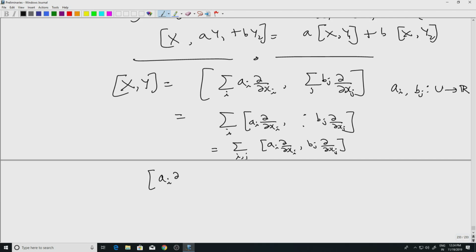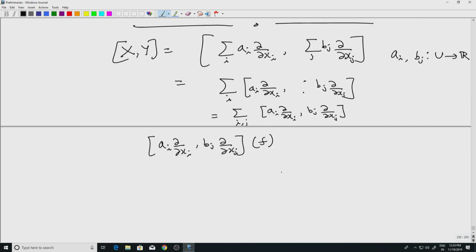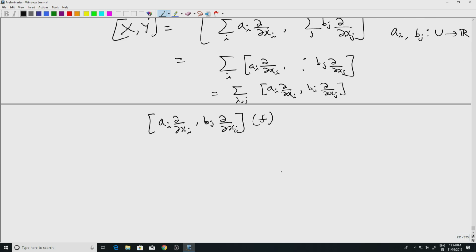Let's look at an individual term, ai del by del xi, bj del by del xj, and act it on a function f and see what we get. For simplicity of notation, instead of del by del xi, I'll put del i.